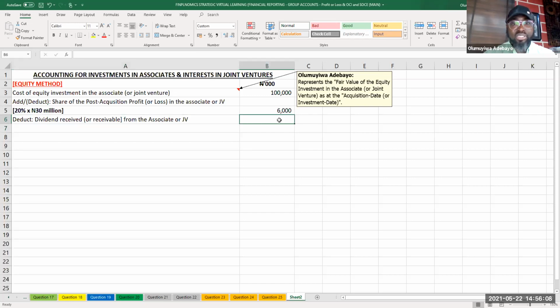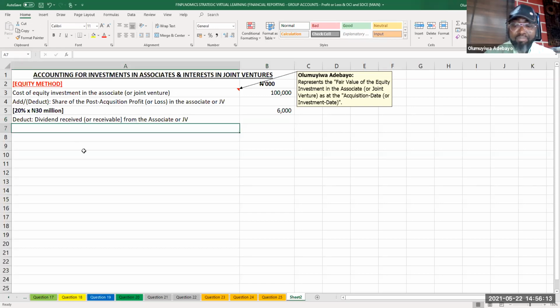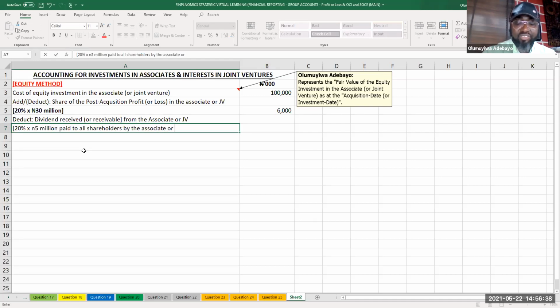Okay, in that case, you deduct. Let us assume that the old dividend paid to all shareholders by the associate or joint venture is 5 million.